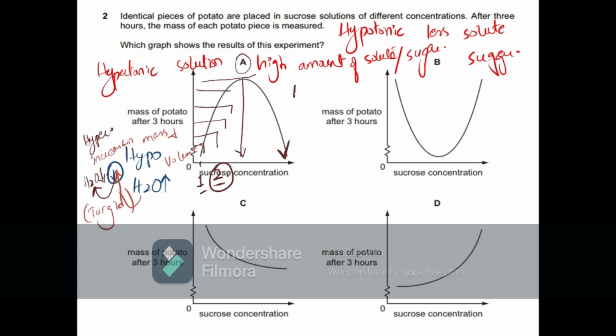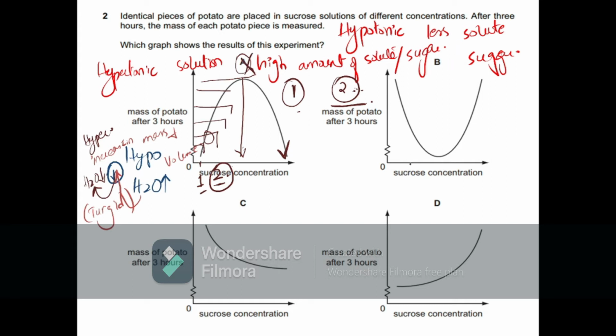Let's suppose here is the 1 and here is the 2. If we are considering that 2 is more hypertonic than 1, at this stage more water should move outside of the cell. So how is it possible that the mass of potato increases? Mass of potato should decrease. So this is the wrong option.